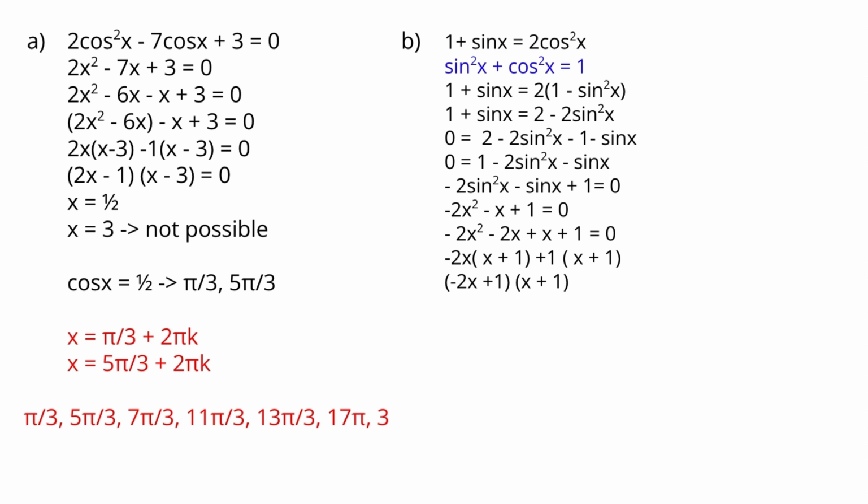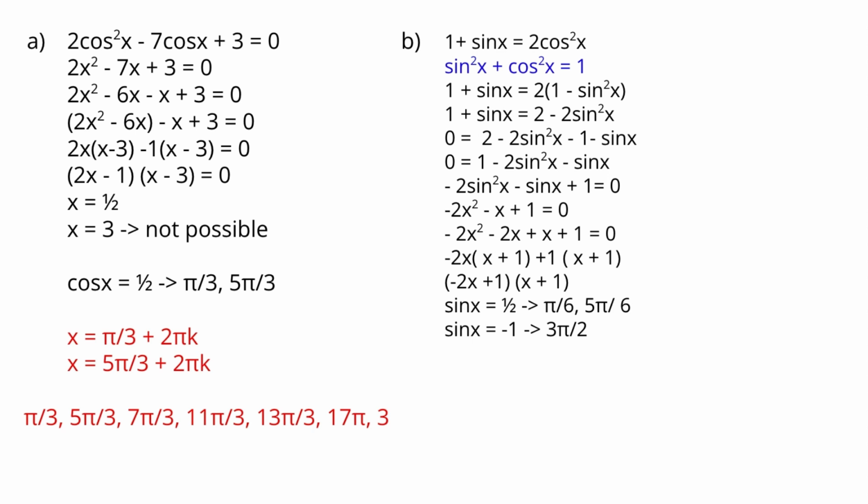Because we have two x plus 1s, we can just mark that down to one. So we get 2x plus 1 times x minus 1 is equal to 0. Set both of those equal to 0, and we get sine x is equal to 1/2 and sine x is equal to 1. Sine x is equal to 1/2 at pi over 6 and 5 pi over 6, and sine x is equal to negative 1 at only 3 pi over 2.